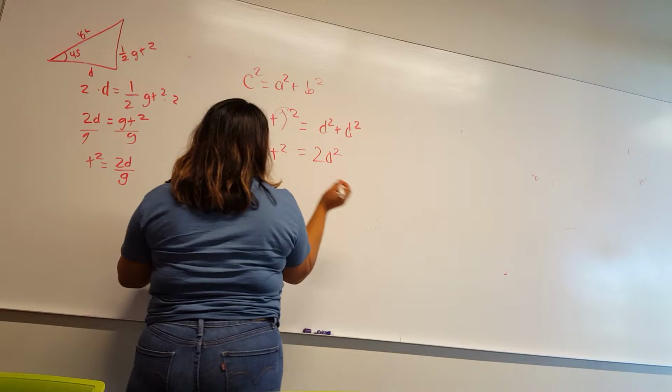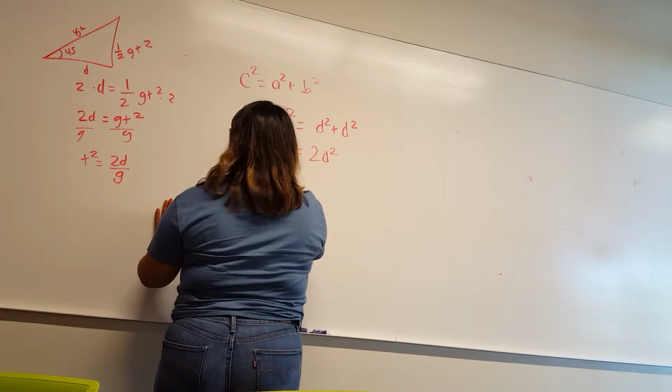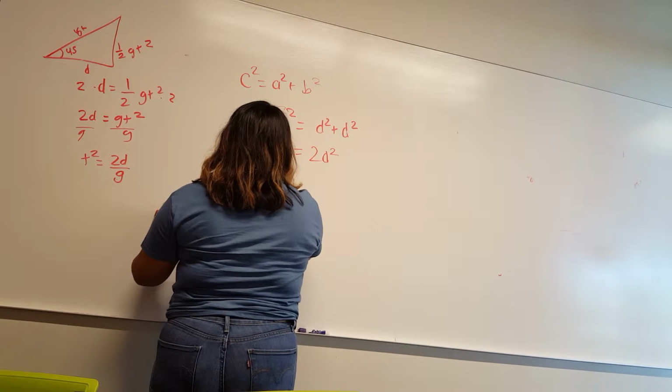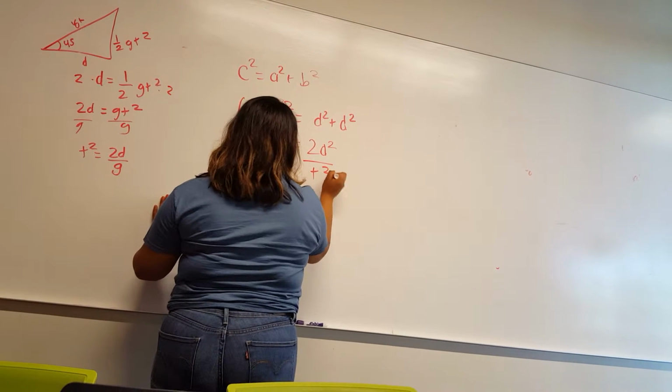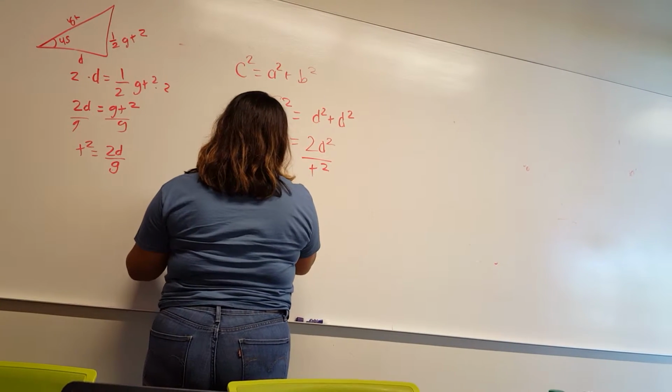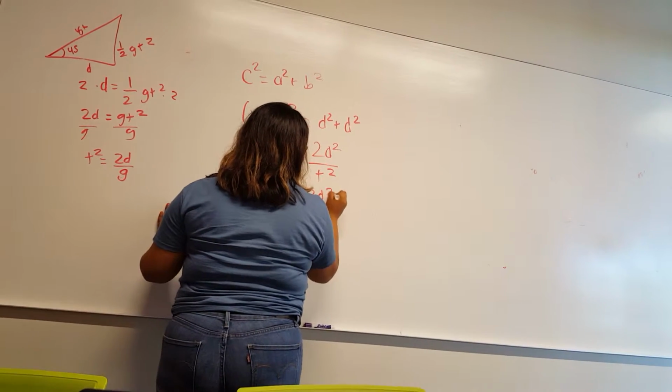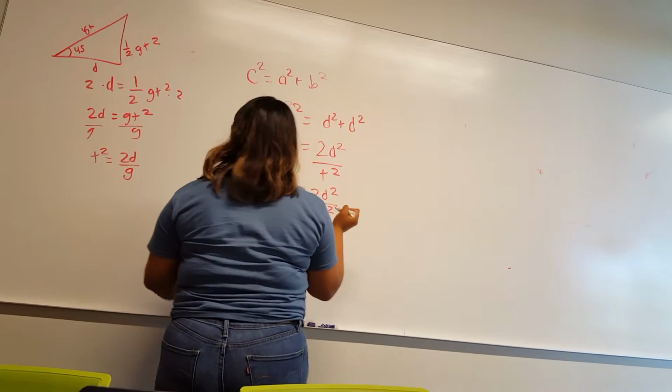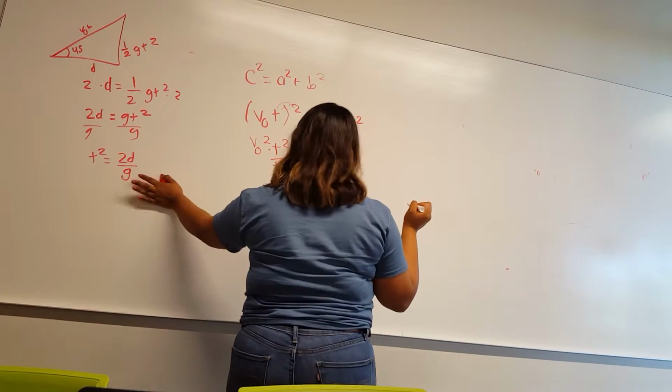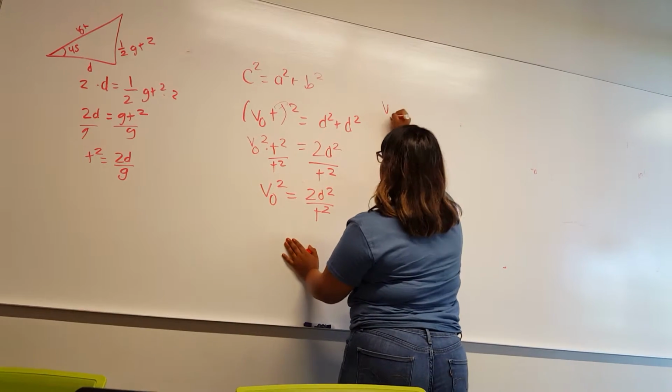And then from here, I'm going to divide by t squared, because we're solving for that v. And then we already solved for t squared previously, so we're just going to plug that in.